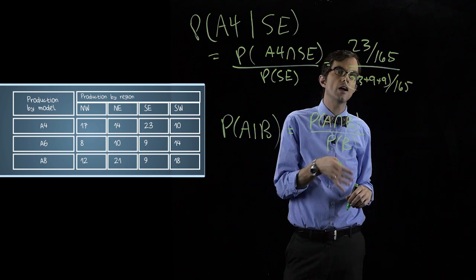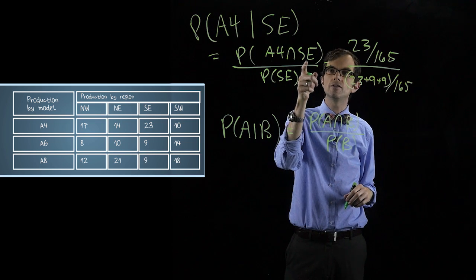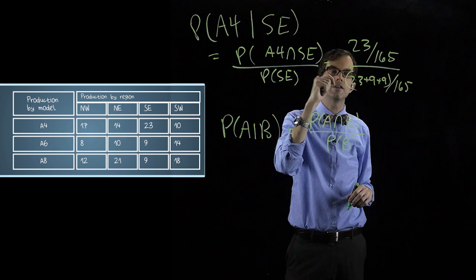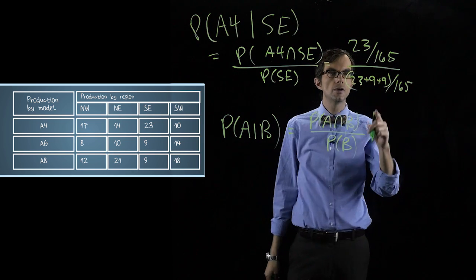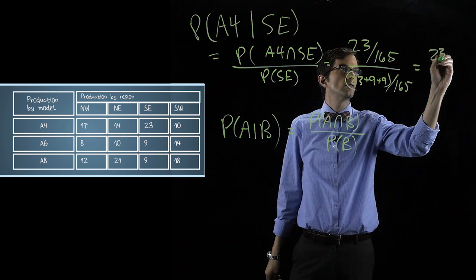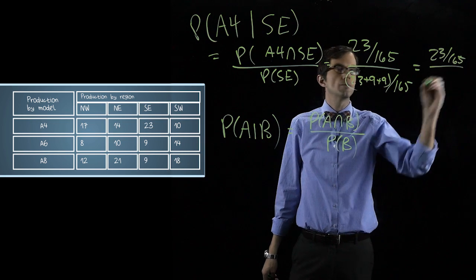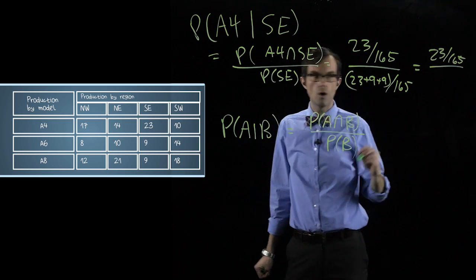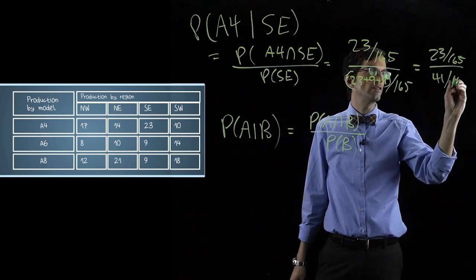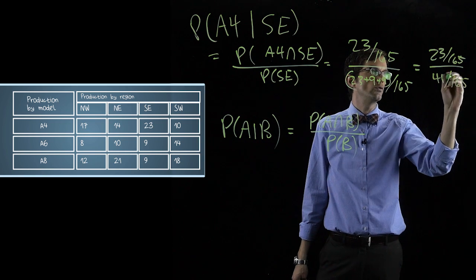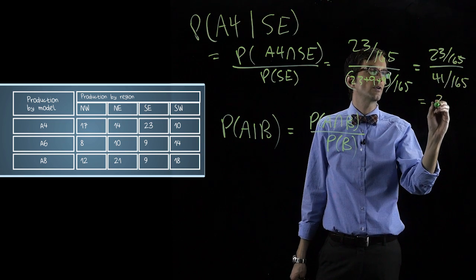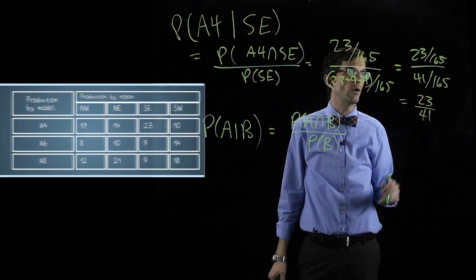Okay, so we take that column associated with the southeast region, the southeast factory, and we sum that up, and that gives us 41. 41 out of 165. Okay, those 165s cancel out, and we're left with 23 divided by 41.